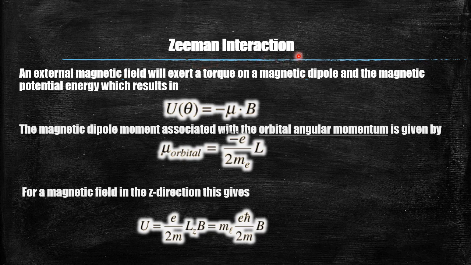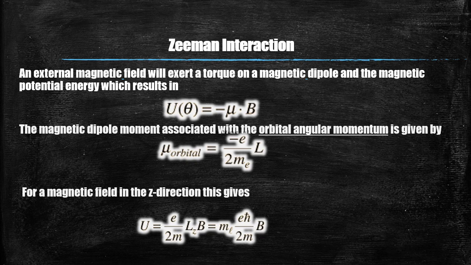So the Zeeman interaction: when an external magnetic field is applied to the dipole, it results in a magnetic potential energy. U theta is the magnetic potential energy, U theta is equal to minus mu dot B. B is the magnetic field, and mu is the orbital magnetic moment.